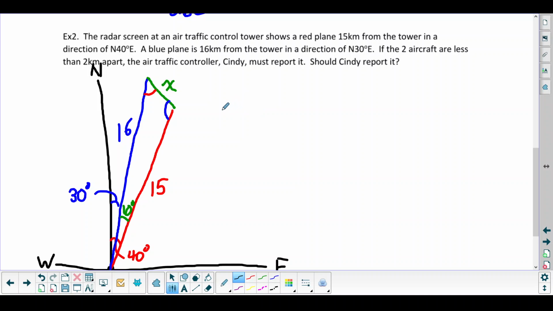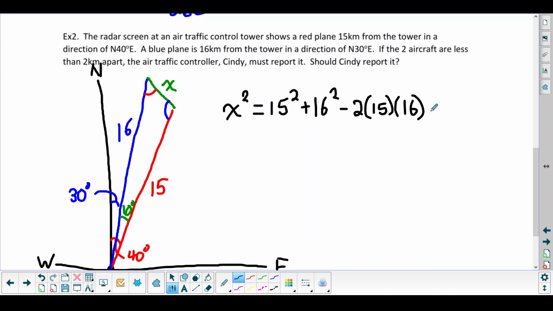So we will find x squared is equal to the other two sides squared, 15 squared plus 16 squared minus 2 times 15 times 16, so we're just plugging everything in, cosine the angle opposite of the thing we're trying to find, which in this case is 10 degrees.